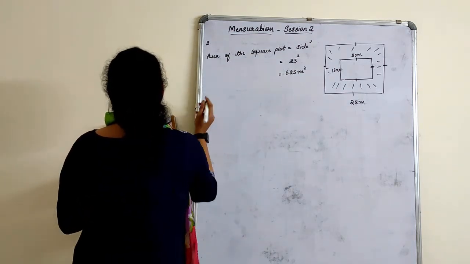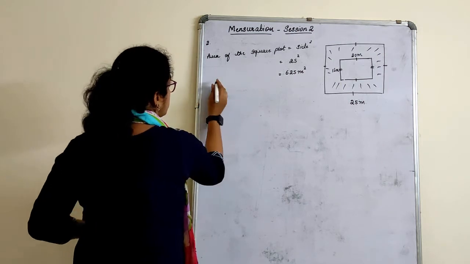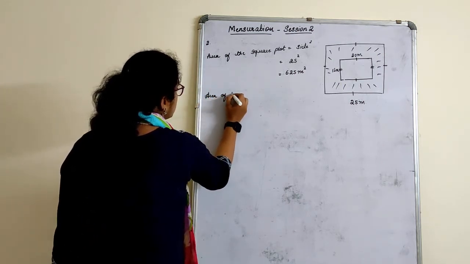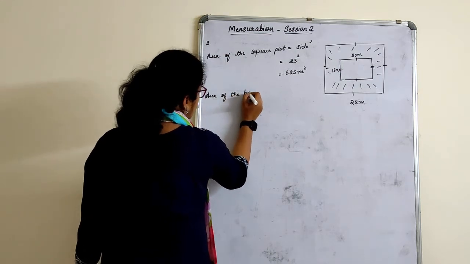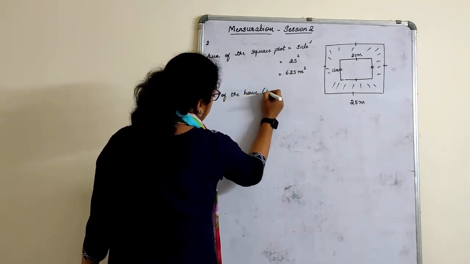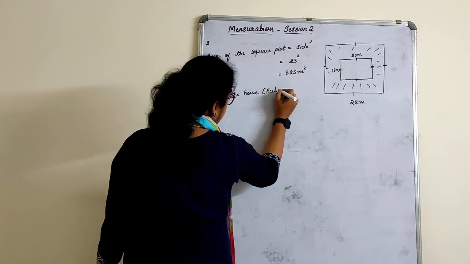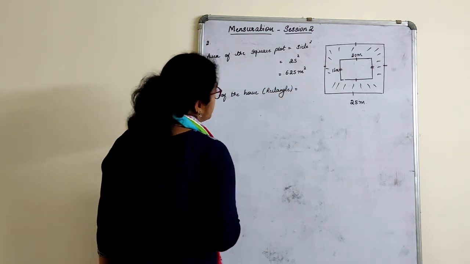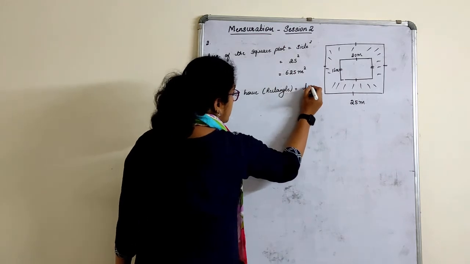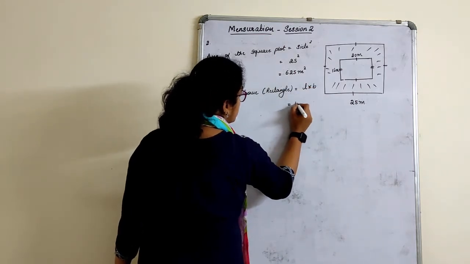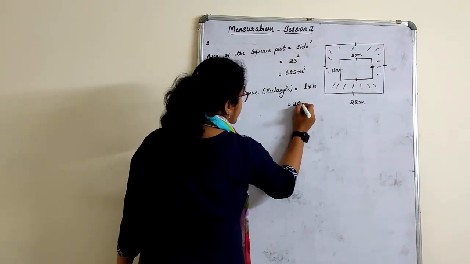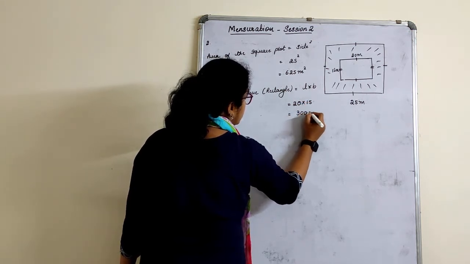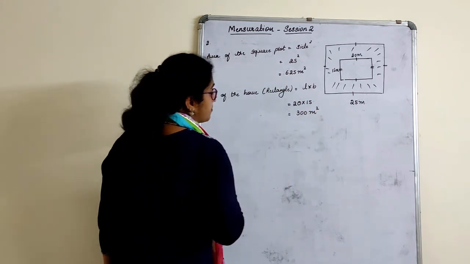Then the area of the house. She wants to construct a house. Area of the house, I will just write in brackets as rectangle, because it is a rectangular plot for the house she has taken. Length into breadth, 20 into 15. 15 twos are 30, so 300 meter square.